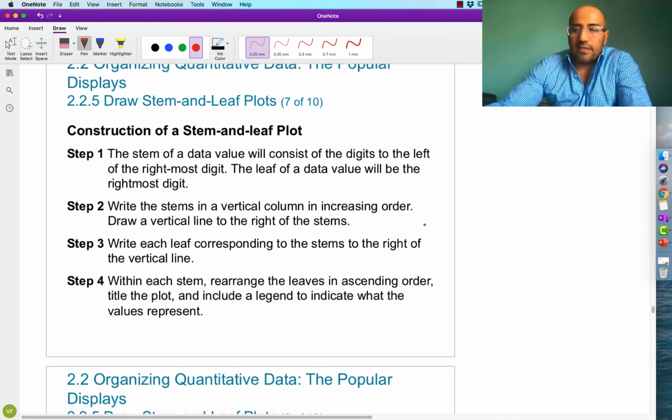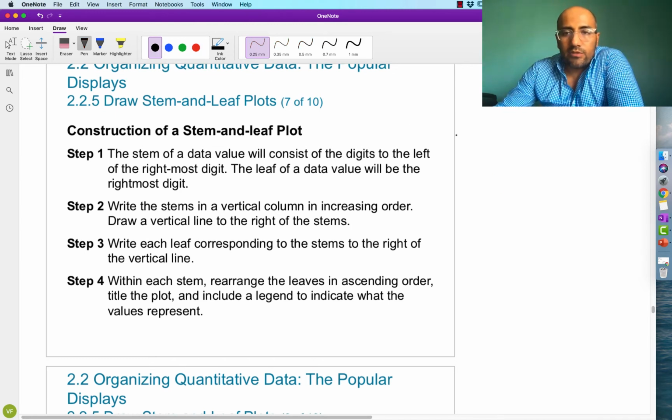So if the data consisted of, say, GPAs, I asked people, hey, what's your GPA? 3.39, 4.00. Maybe somebody says 3.87. So in this case, we have 2 decimal points. So when we create our stem, it is going to be this part here. The last digit is going to be the leaf.